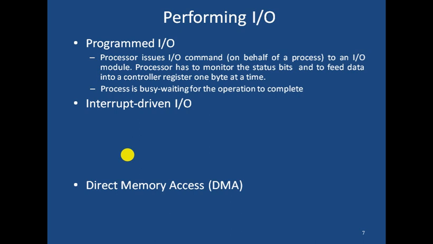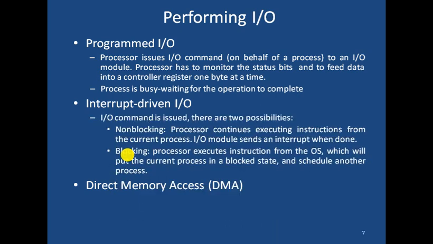Next, interrupt driven I/O. It can be carried out in two modes, non-blocking and blocking. In the non-blocking mode, the processor continues executing instructions from the current process, and finally the I/O module sends an interrupt when the task is completed.